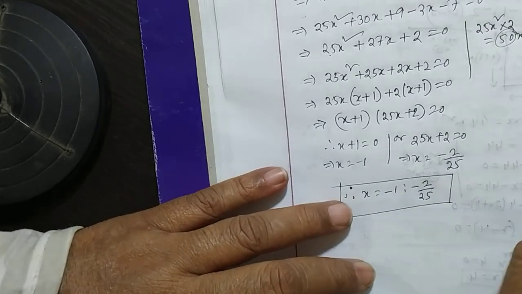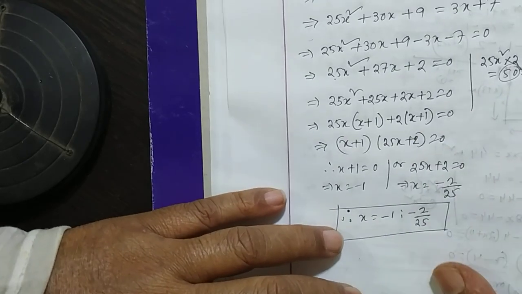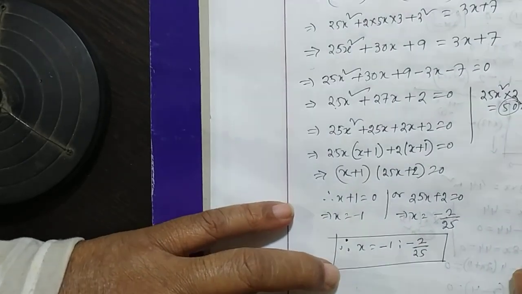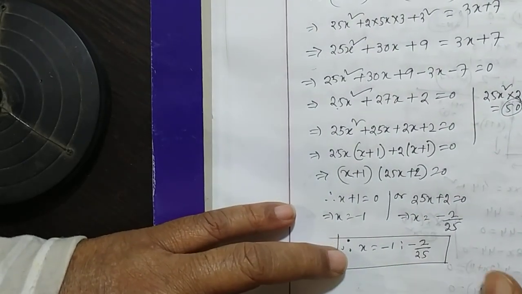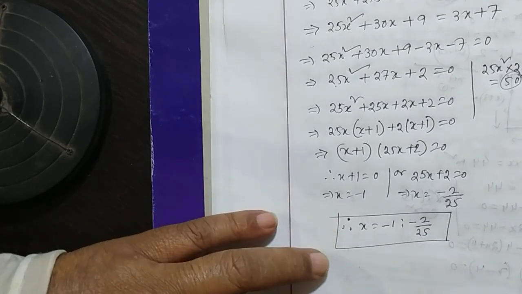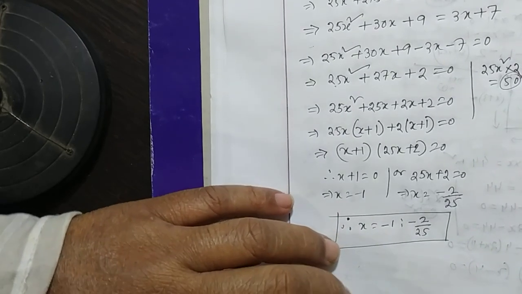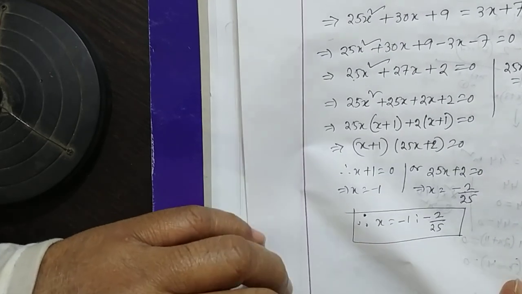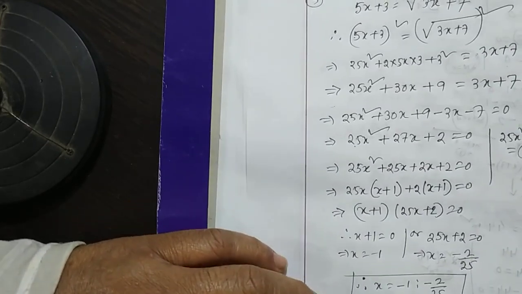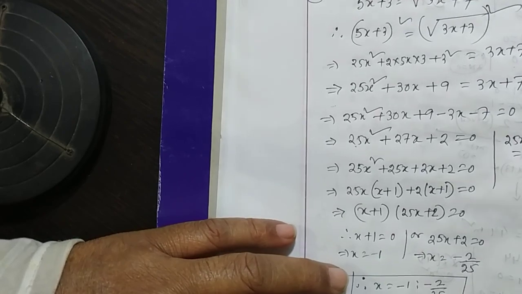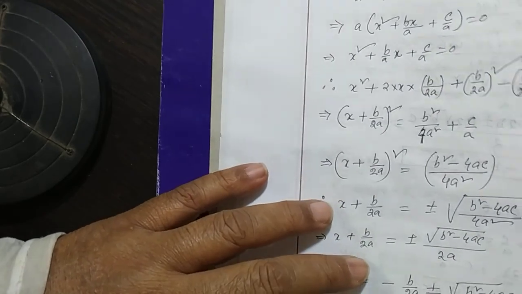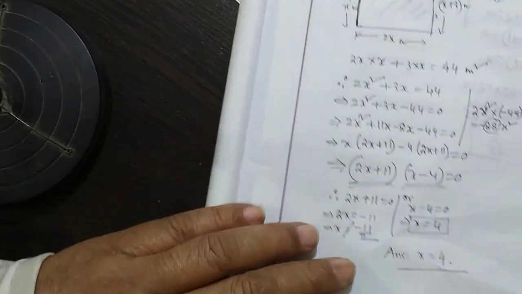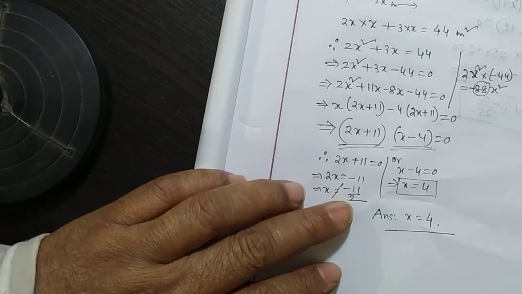Look, if we compare question number 5 with number 4, in question number 4, x was given as the length. That is why we didn't take the negative solution, minus 11 by 2.